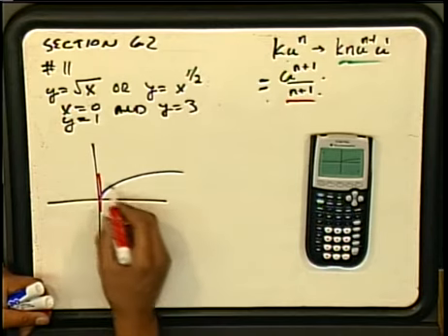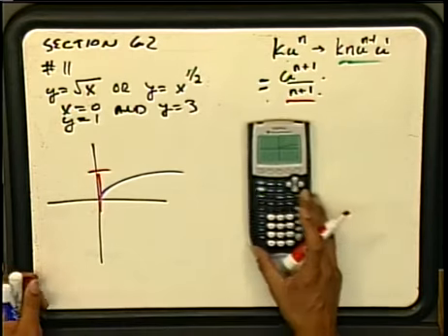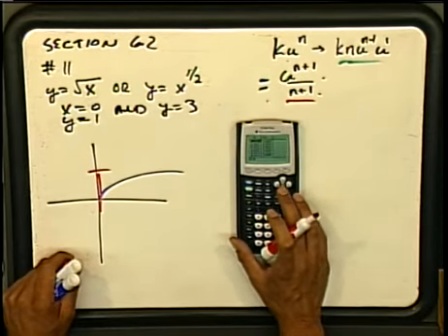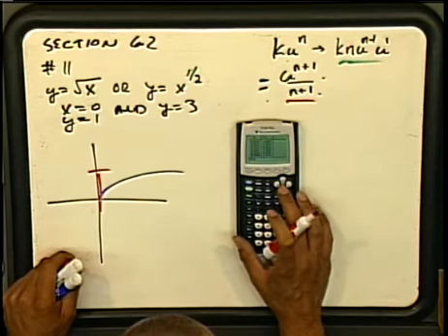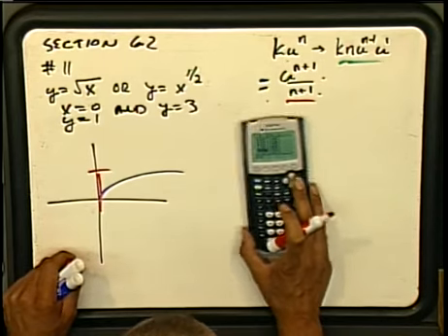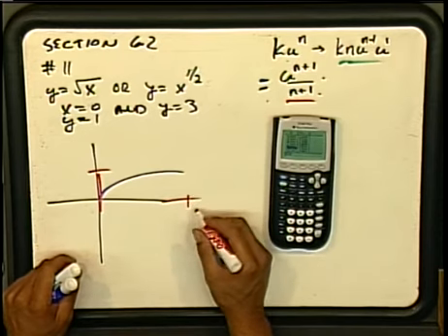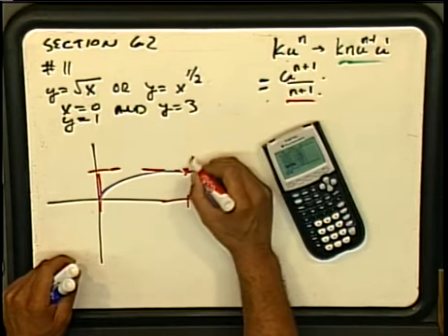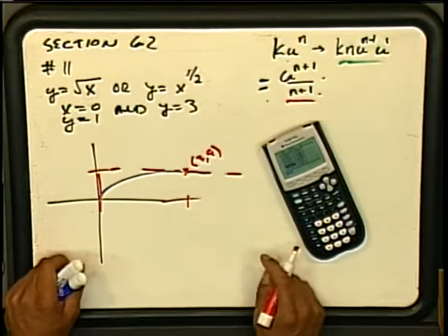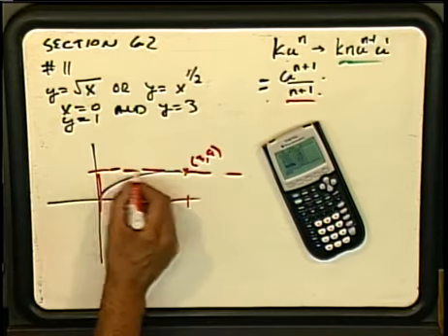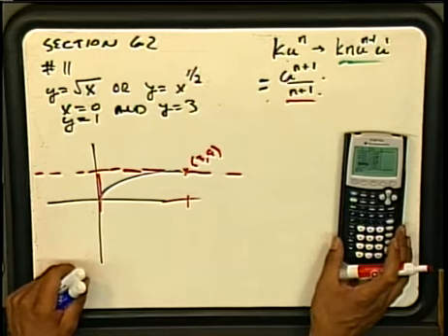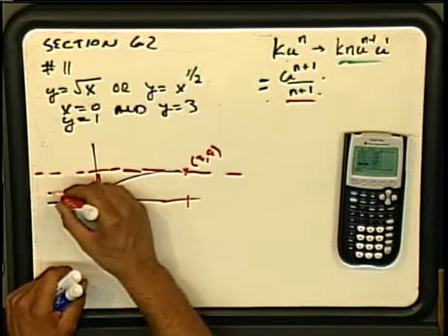y equals 3 is right here. You could tell where y falls on the function by the table in your calculator. If y equals 3, then x equals 9. So this is the point (9, 3). And y equals 1 is right here somewhere.